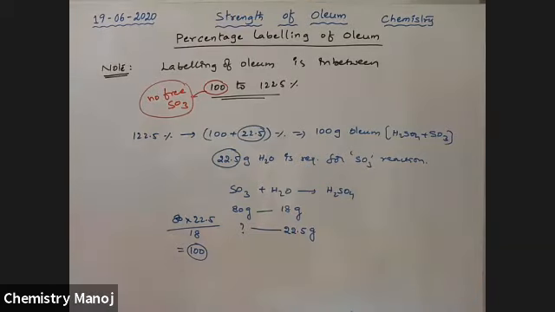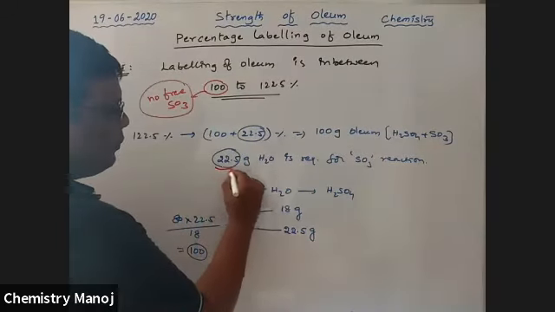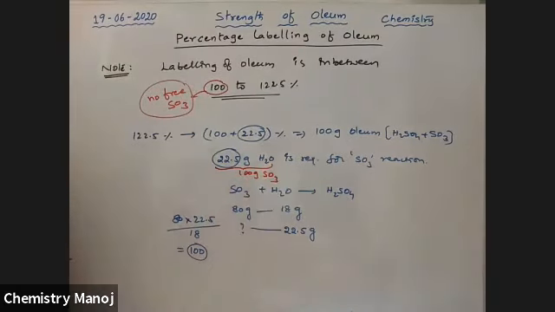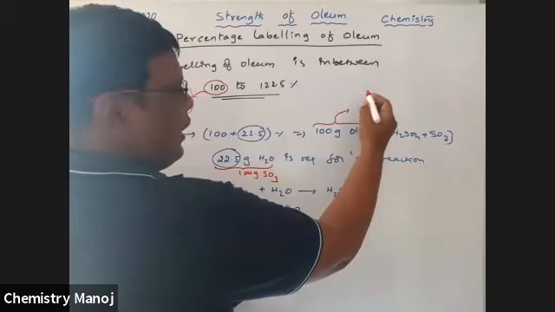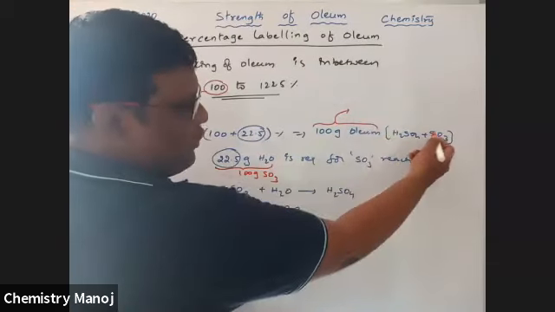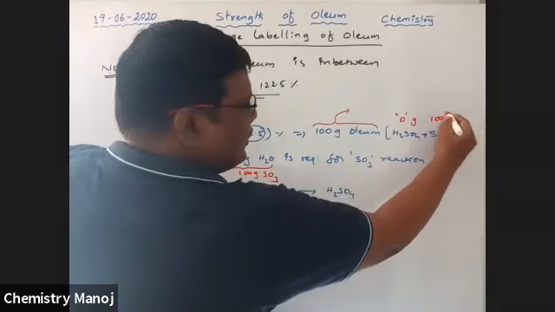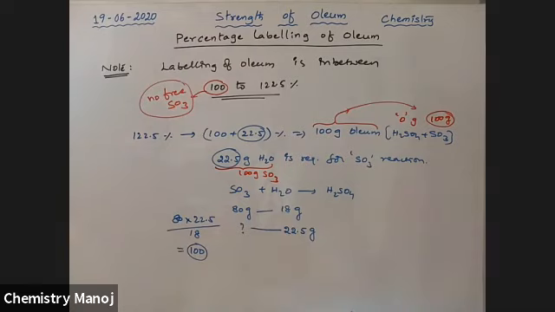So 22.5 grams H2O means 100 grams SO3. Therefore, in 100 grams oleum, 0 grams H2SO4 and 100 grams SO3 exist.